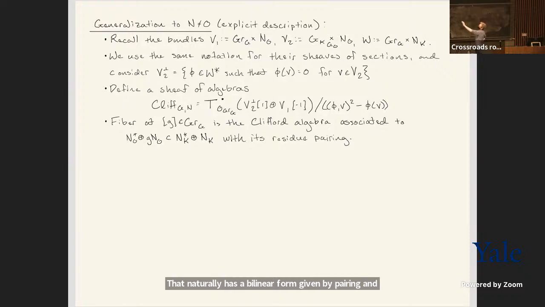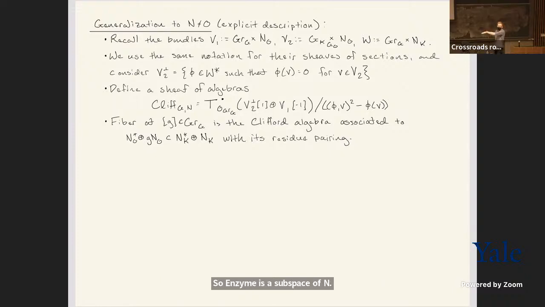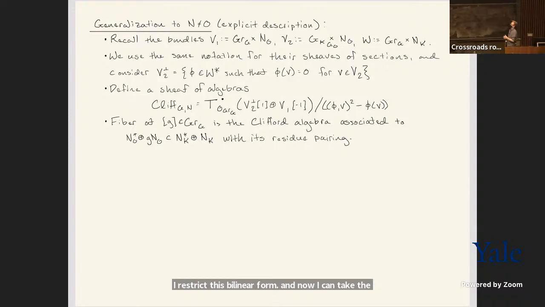I can look at the subspace of that given by n dual sub O and g times n sub O. So n sub O is a subspace of n sub K. So when I translate it by g, I get some other subspace. I restrict this bilinear form, and now I can take the Clifford algebra associated with that form. So this is a sheaf of algebras whose value at a point is that particular infinite rank Clifford algebra.